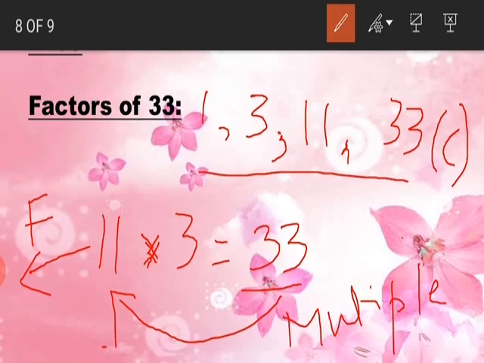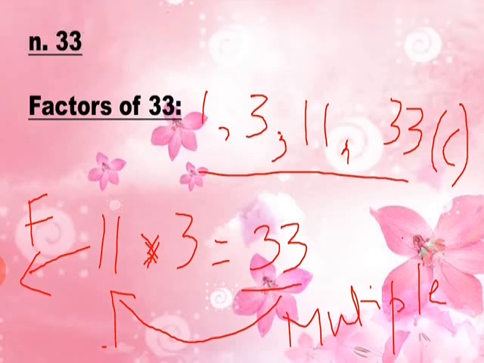So class, I have solved 3 parts for you and I hope you have better understood the concept. Okay. So class, you have to do all the remaining parts by yourself, as it is so easy for you if you have better understood the definitions and the way to solve the answer. Okay.